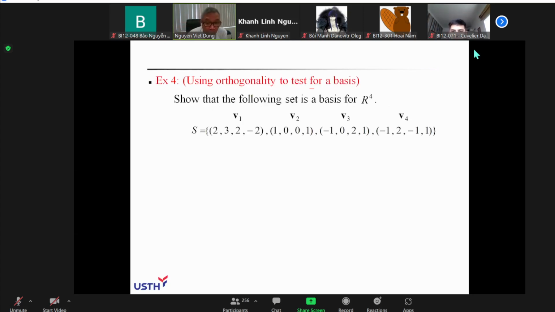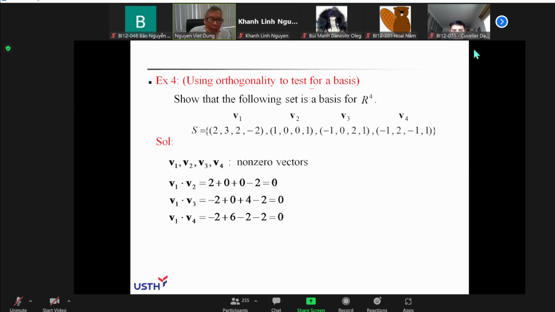We know that already. And here is an example for you. Suppose that we consider 4 vectors v1, v2, v3, v4 inside the 4-space R4, that we know already has dimension 4. Obviously, they are non-zero vectors.